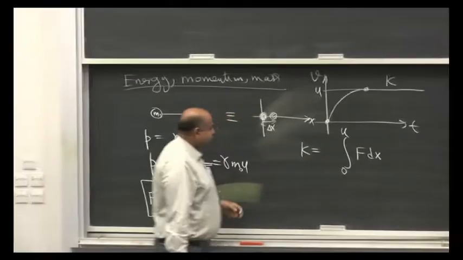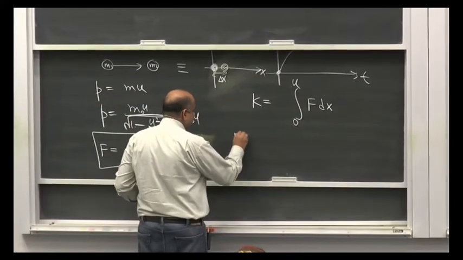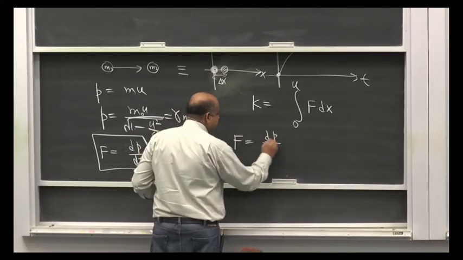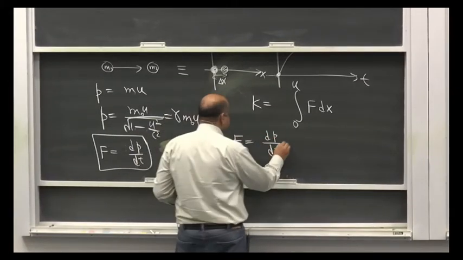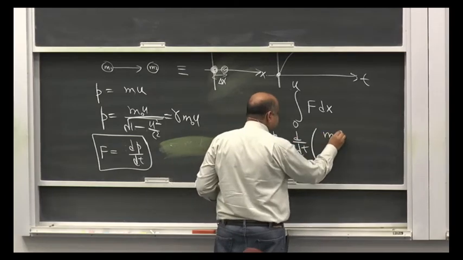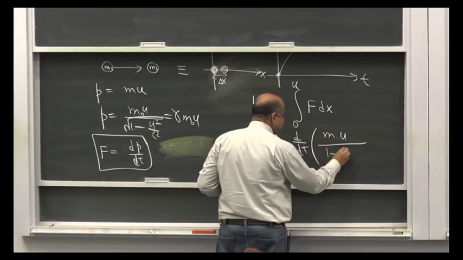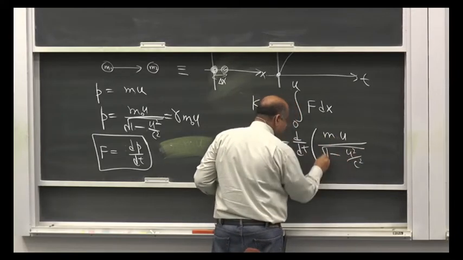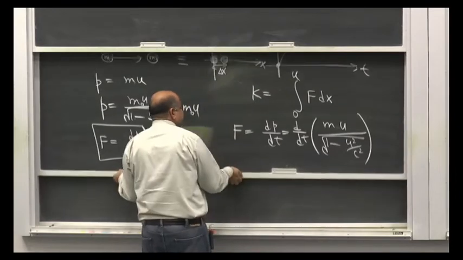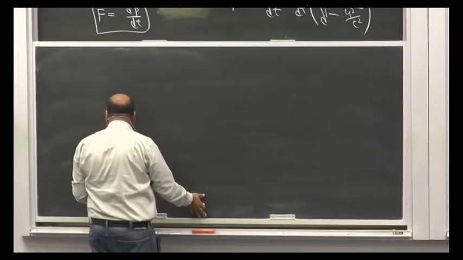So to evaluate this, let me first find F, and F is dp by dt, and now this is easier, but remember I'm not using m naught, this is rest mass always. So this is the derivative that we have to evaluate.